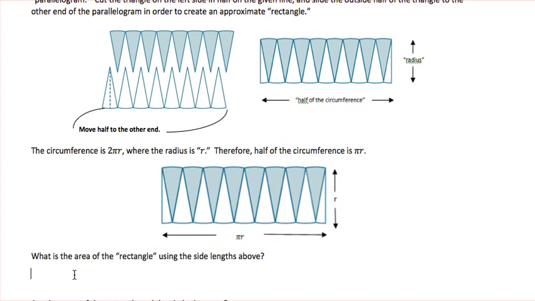The area of this rectangle, then, would be pi times radius times radius. Or pi times radius squared.